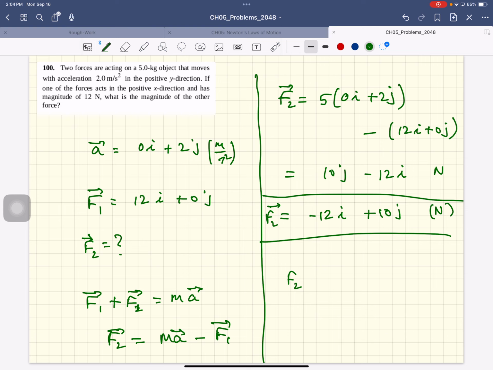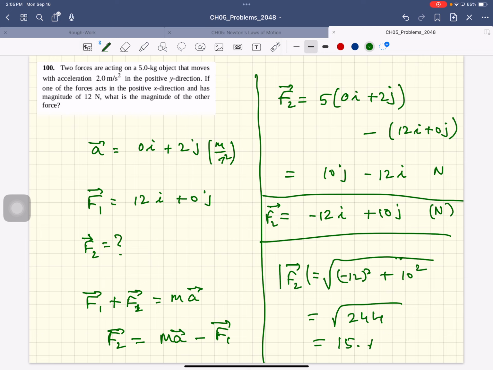So the magnitude of F2 is that, and we can calculate the angle as well.